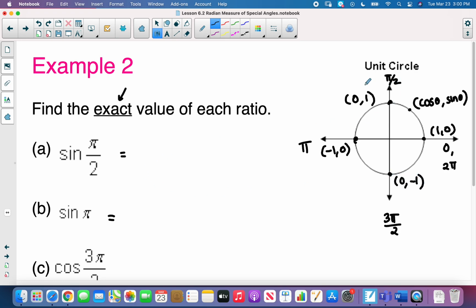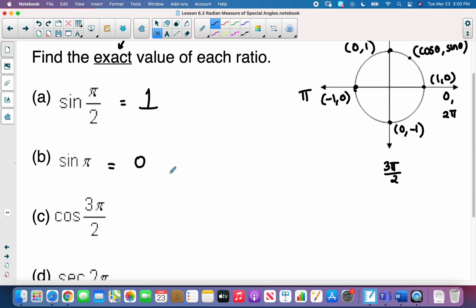So sine of pi by 2 is the angle here. So this is cosine of pi over 2, and the 1 is sine pi over 2. So sine pi over 2 is 1. Okay, sine pi, well, this is cosine pi, this is sine pi, which is 0. Cosine 3 pi over 2, so that's 0, as you can see here.